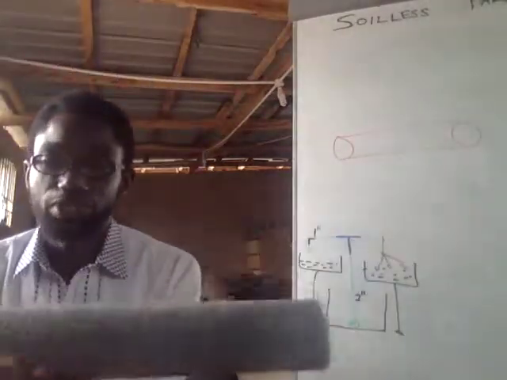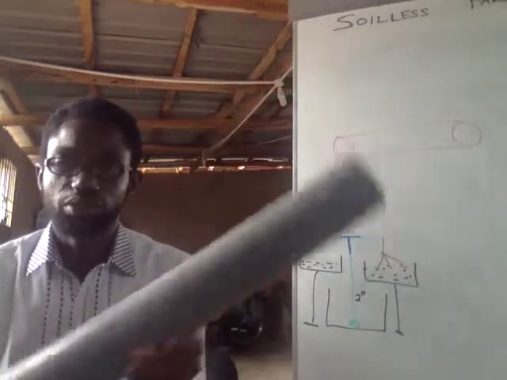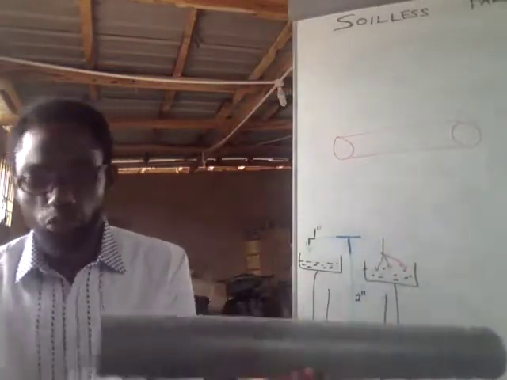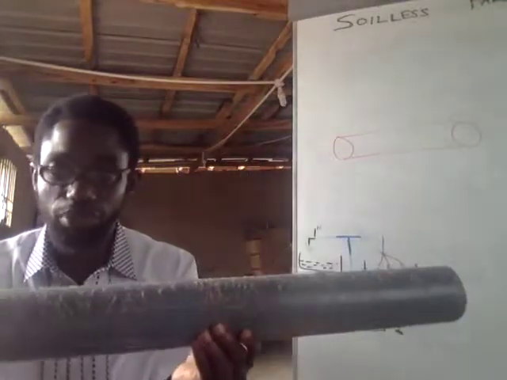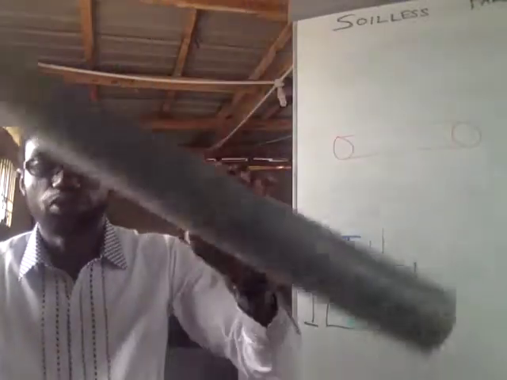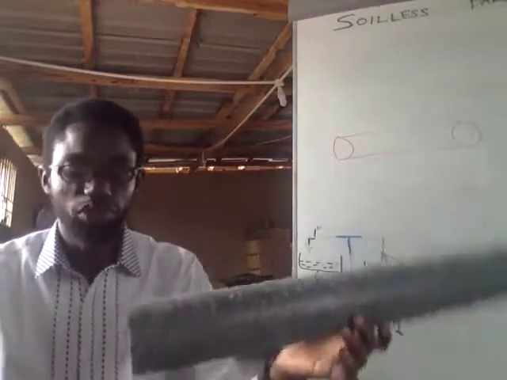So this is a PVC pipe. I hope we can see it. So this is what you have here. Sorry, I had to go out to pick this out of the bin so I can use it to explain.